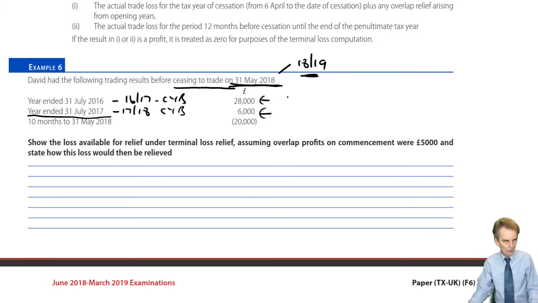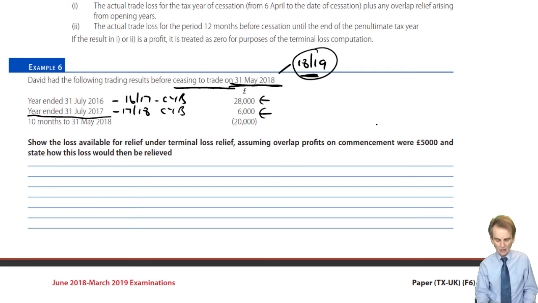So what I want you to do to begin with is just to work in normal assessments. What we'll be able to see is for the final tax year, 18-19, note it, leave it, go back to the penultimate tax year, that is 17-18, that is the profit of £6,000. Once you've done that, then you know that all remaining profits, all remaining periods, fall into the final tax year.